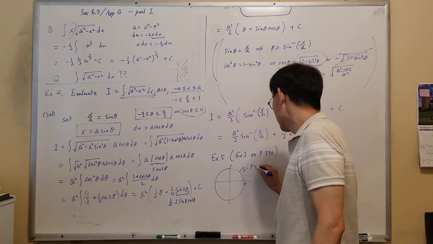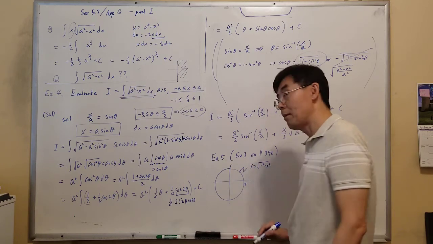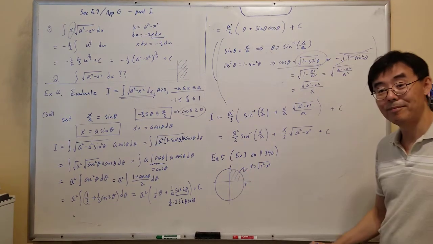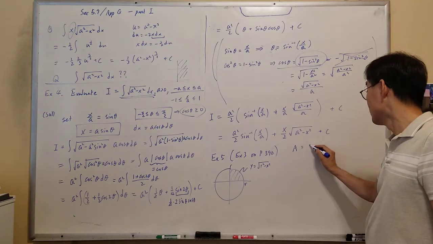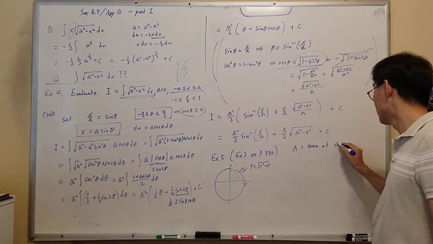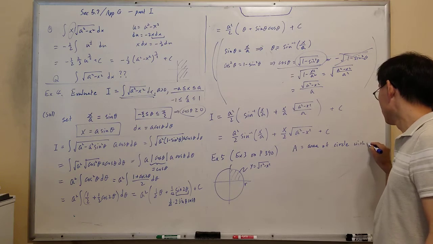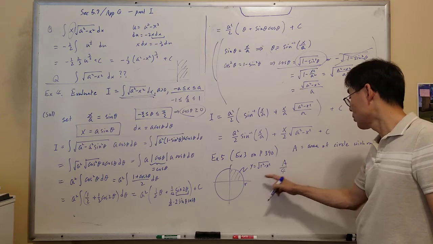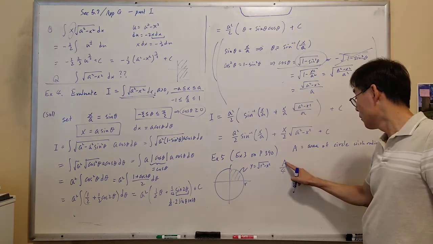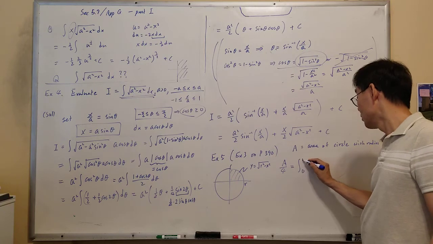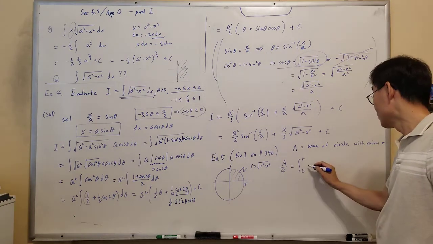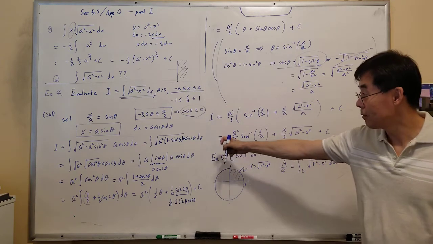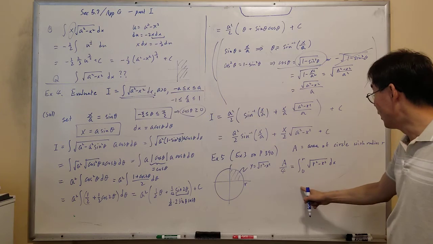And this is y equals square root of r squared minus x squared, the upper semicircle. So they want to find the area of the quarter circle. So a quarter of the circle's area will be the integral from 0 to r of this function, right? That's precisely this. Instead of a, you have r.